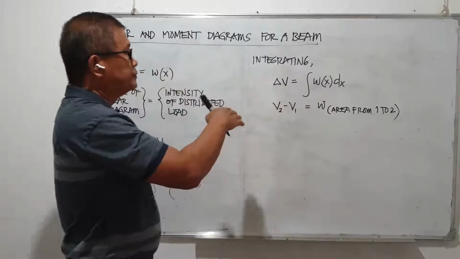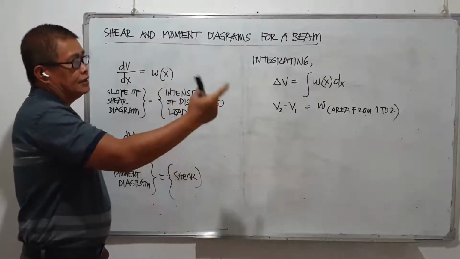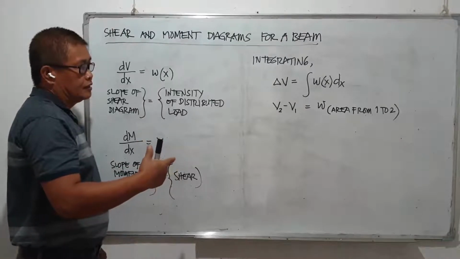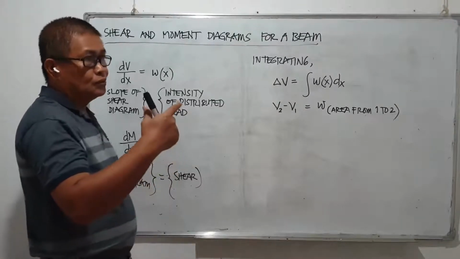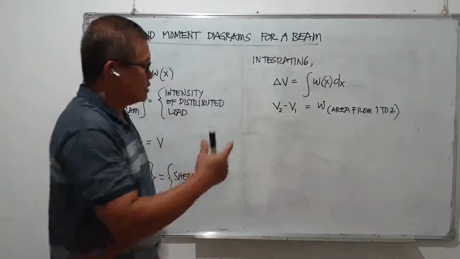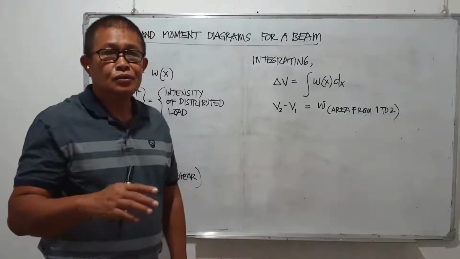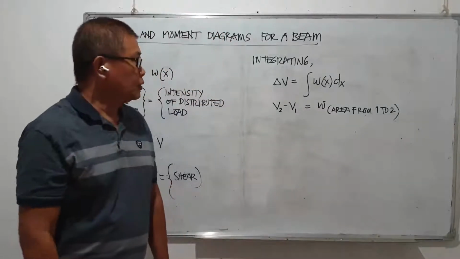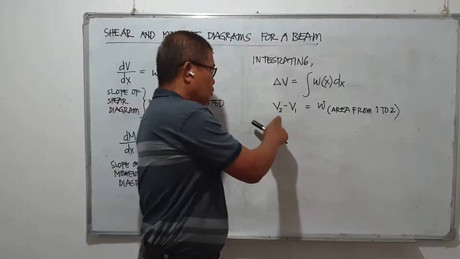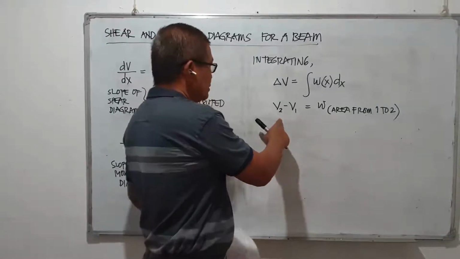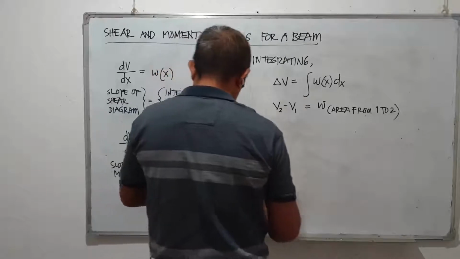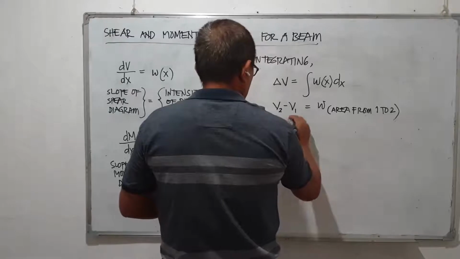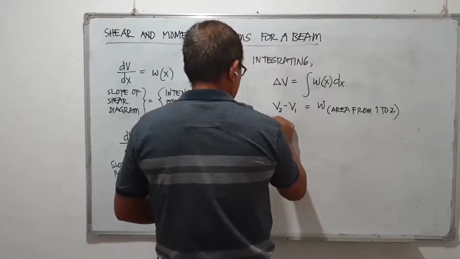Which means that at any other point 2, the shear is just equal to V1 plus the area between points 1 and 2 of the loading diagram. The magnitude of w is to be added to V1 to obtain V2. Or this simply is the change in shear.